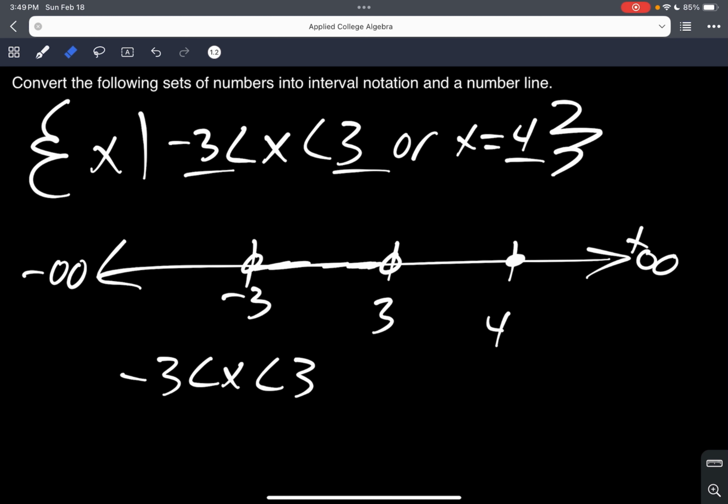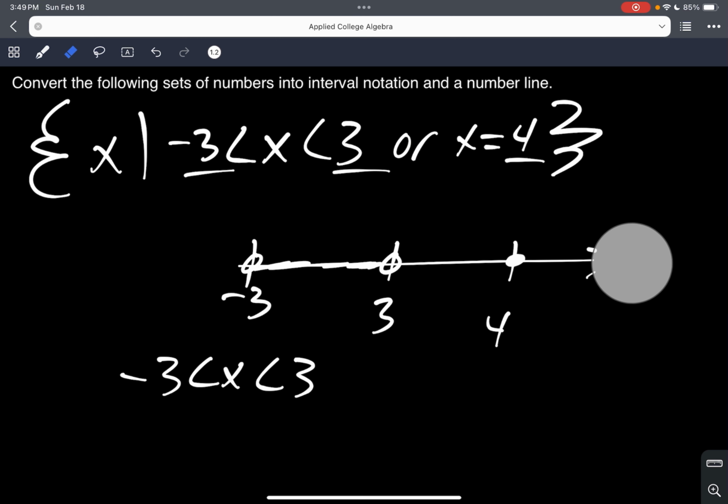So we don't have negative infinity to negative 3. We don't have that shaded in, so we can erase that. And then we have negative 3 to 3 shaded in. And then from 3 to 4, we have 2 points. So we keep that there. And then we have 4 to positive infinity. We can erase that region, since we're not using it.